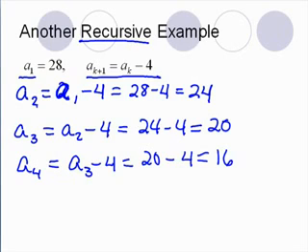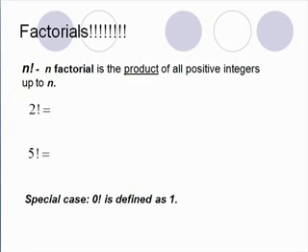Okay, now we're going to shift to a new topic, and we're going to talk about what factorials are. n factorial, that's how we say this symbol, is the product of all the positive integers that lead up to n.